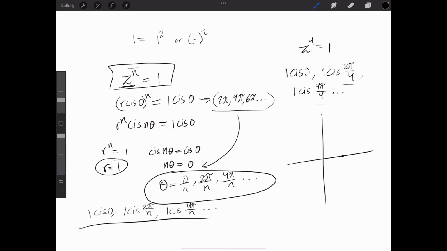I forgot that was 0 and not theta. Next one, 1 cis pi. So you have a modulus of 1, and so we can just draw a circle at 1. Sorry, this is a very bad circle. I'm doing this on an uneven surface, kind of. You know what? Let's just make it a better circle.